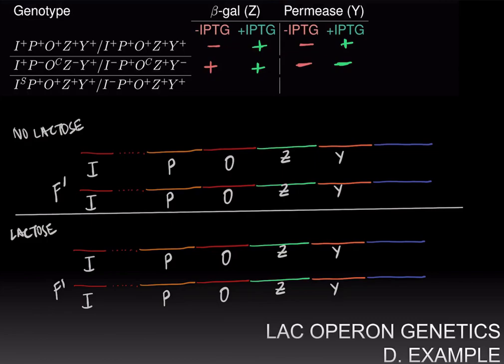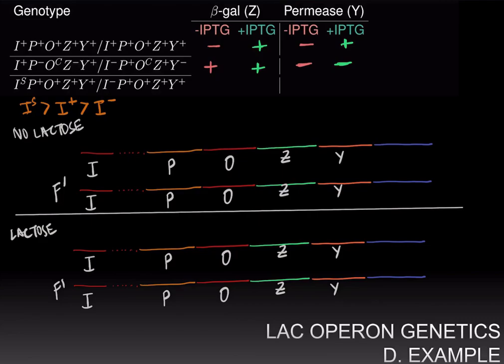Now we know that IS is dominant to I plus and I plus is dominant to I minus, with the implication that IS is going to be dominant over I minus, and this should behave like a super repressor.